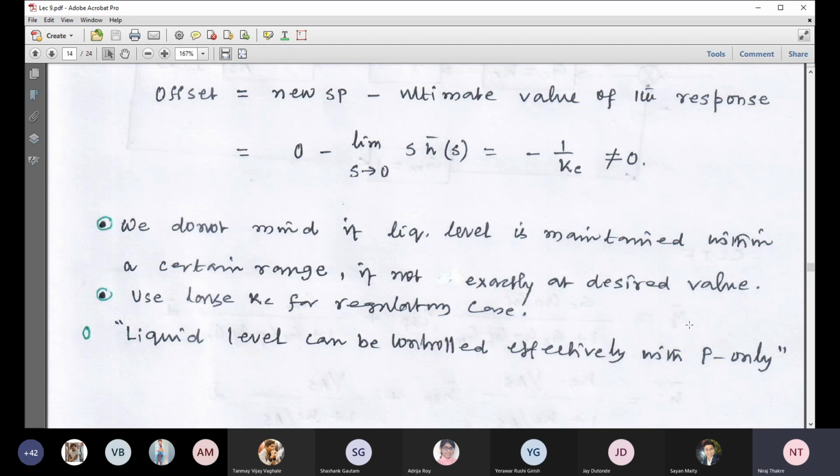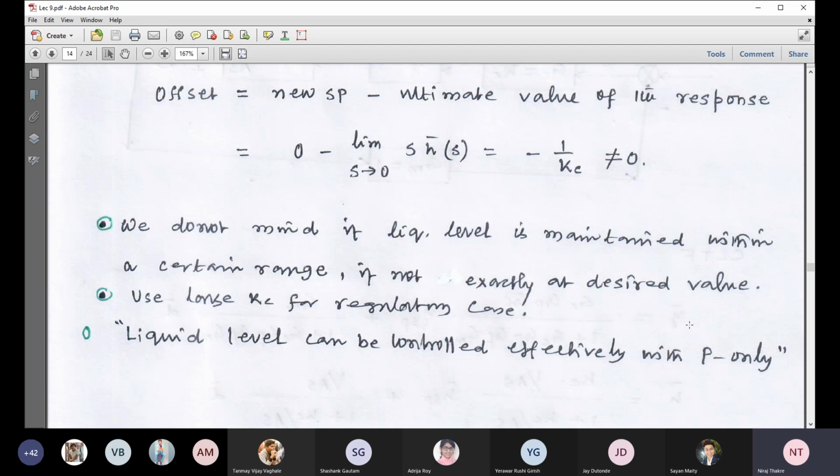So if there are two options, we can consider a little higher Kc if possible. If not, and we do not need to maintain the liquid level so accurately, then we can go ahead with this P only controller. This is definitely an exceptional case.